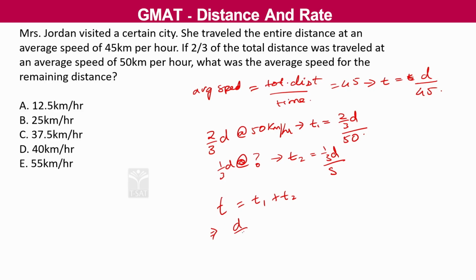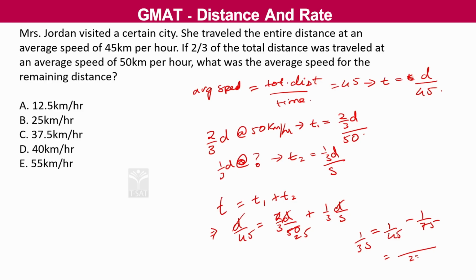So, t is d by 45, which equals 2/3 into d by 50 plus 1/3 into d by s. We do not know the speed s. d gets cancelled in the numerators. We can say that 1 by 3s is equal to 1 by 45 minus 2 into 25, that is 1 by 75, which is equal to... LCM comes out to be 25 into 3 into 3.